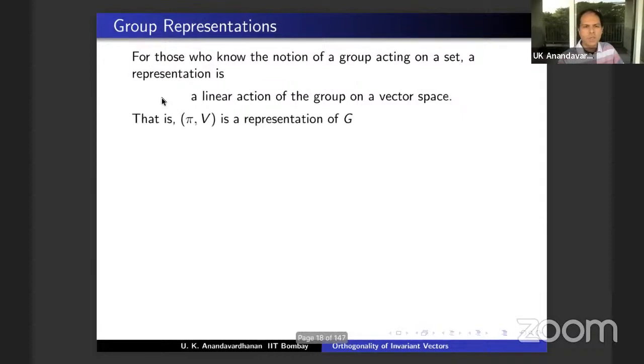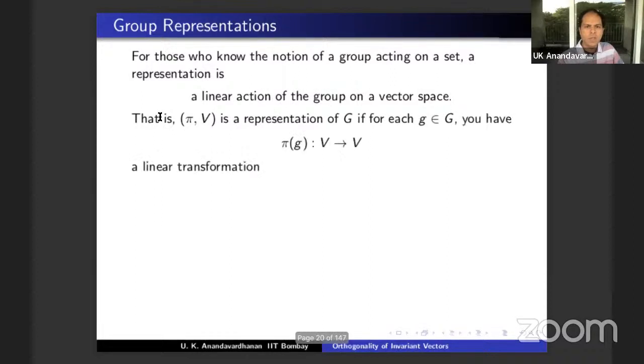So in other words, (π, V) is a representation of G. So π is the action and V is the vector space where the group is acting. It's a representation of G if for each g in G, each group element, you have an action on V which is also a linear transformation. It respects the vector space structure.